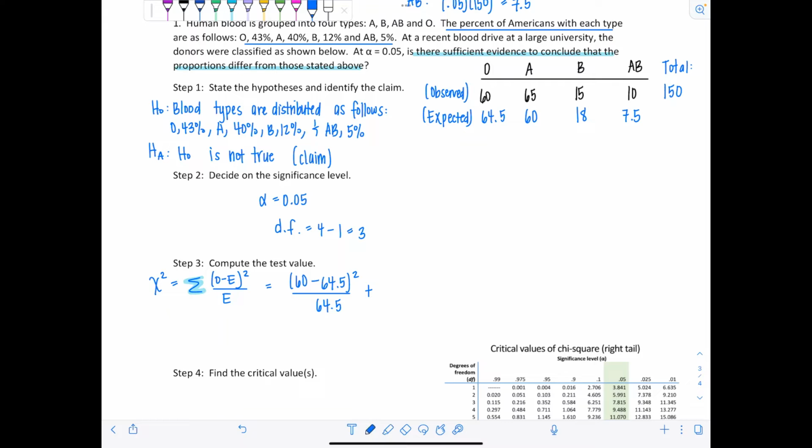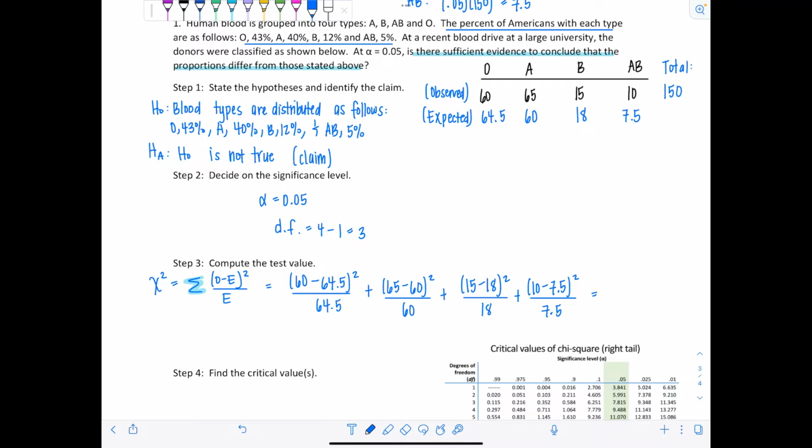That means add them up. 65 minus 60 squared divided by 60, plus 15 minus 18 squared divided by 18, plus 10 minus 7.5 squared over 7.5. And then just do all this in your calculator.